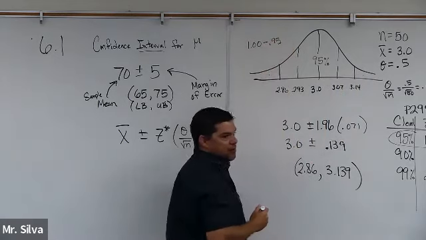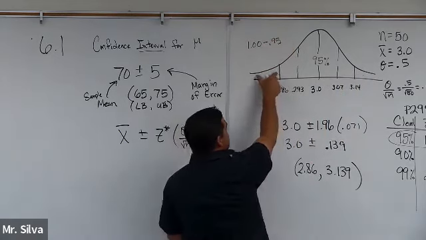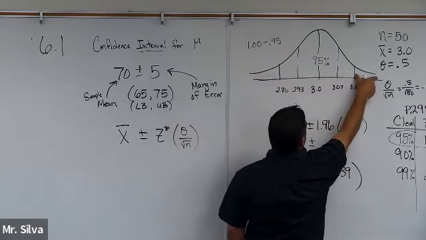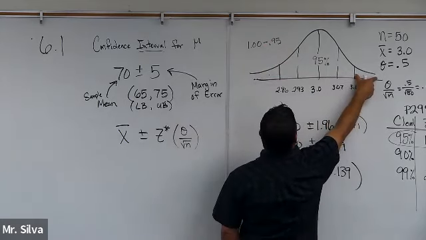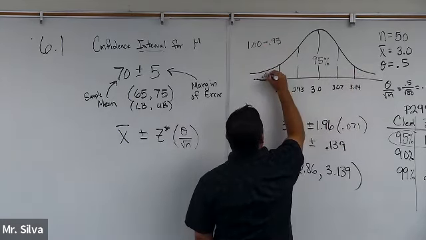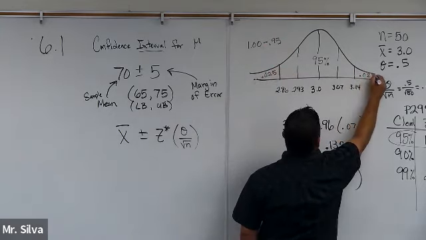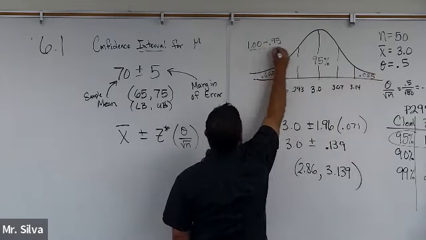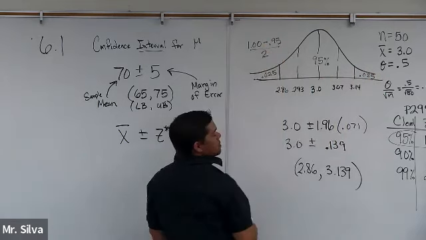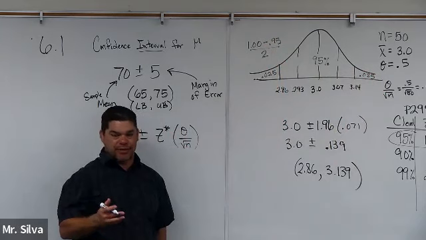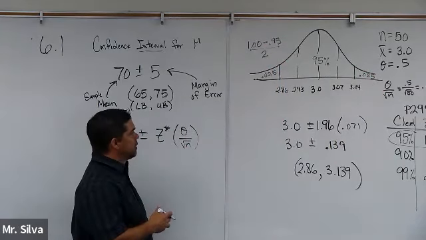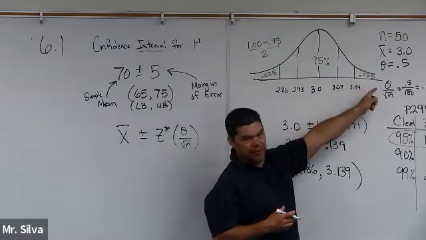That gives me 0.05. That leaves 5% here and there combined. Then I divide by 2. That gives me 0.025 or 2.5%. So I get 0.05 divided by 2. That gives me the 0.025 over here and 0.025 over there.